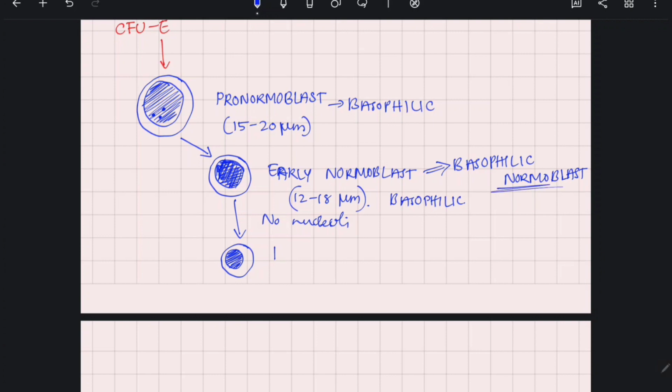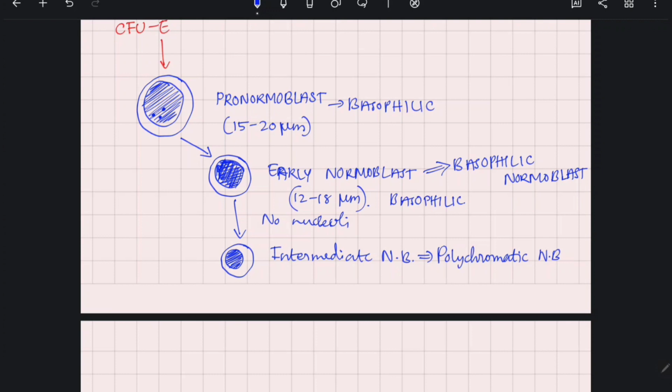So now coming back to this one, the intermediate normoblast, or polychromatic normoblast or erythroblast. What do you mean by polychromatic?